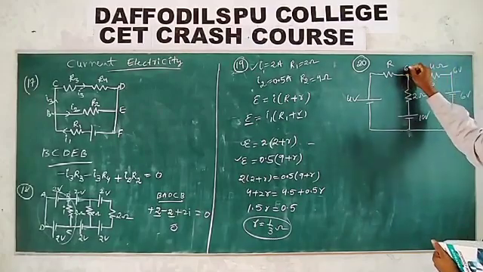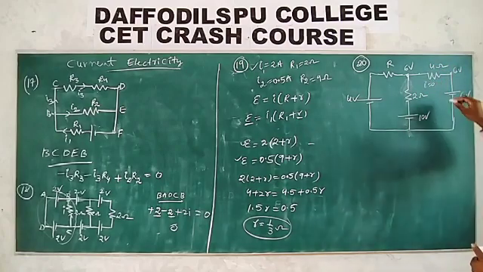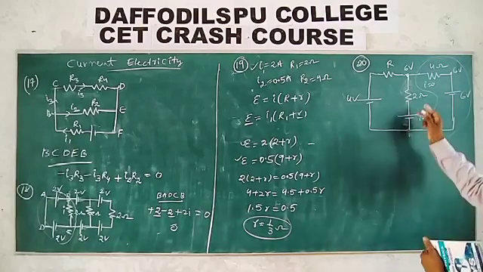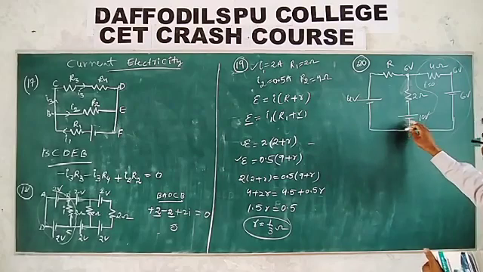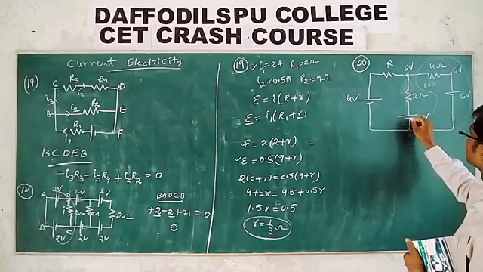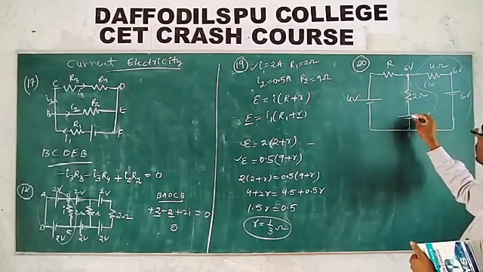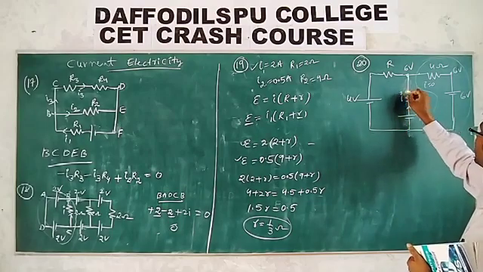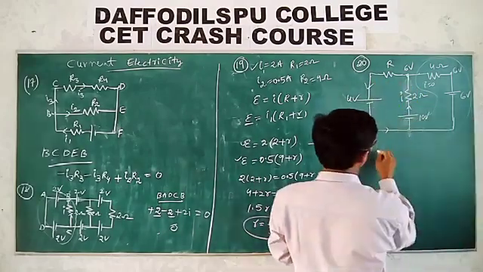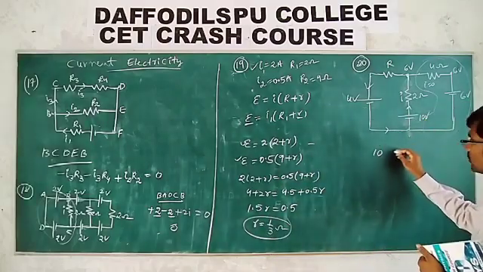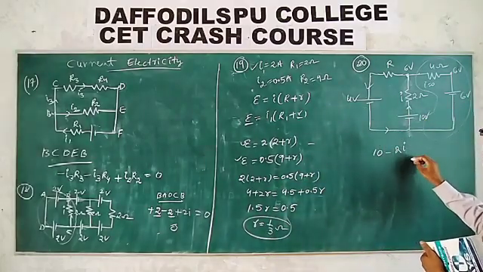Yes, 6 volts here. Therefore, there is no current flowing, which means this branch can be neglected. Then what is the remaining circuit we have? Only this one. For this loop you apply the loop rule. If a current is flowing from here in this direction, you get 10 minus 2I.